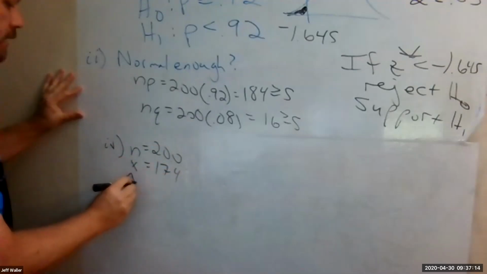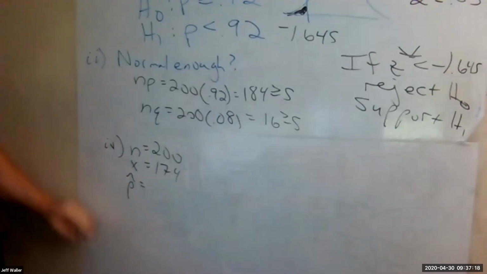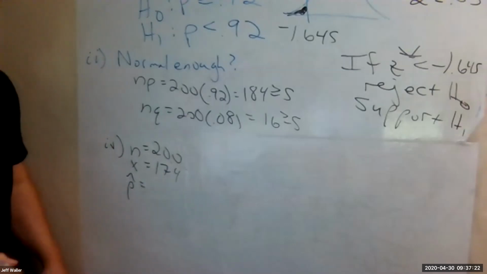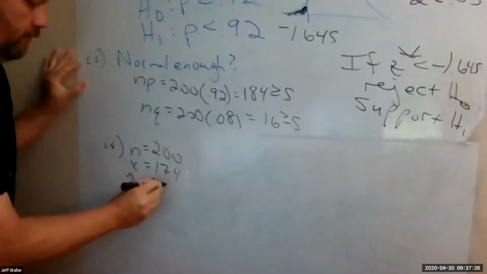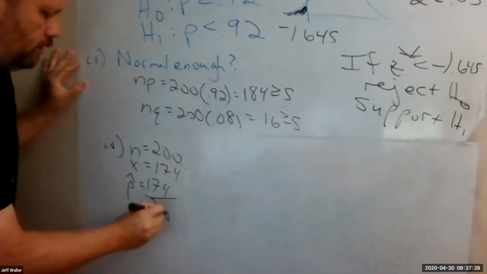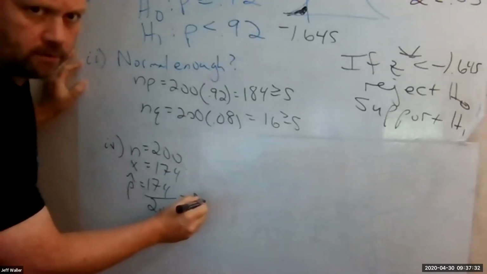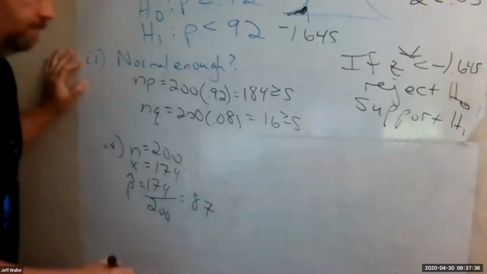So what's P hat? How do I get P hat? P hat will be 174 divided by 200. So it's point, yeah, 0.87, I like it.